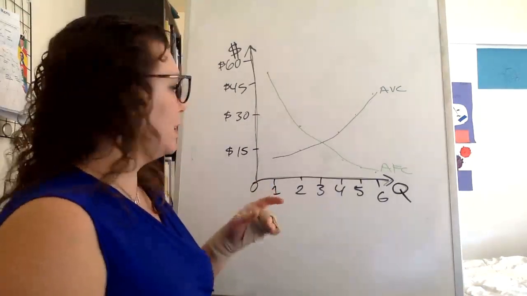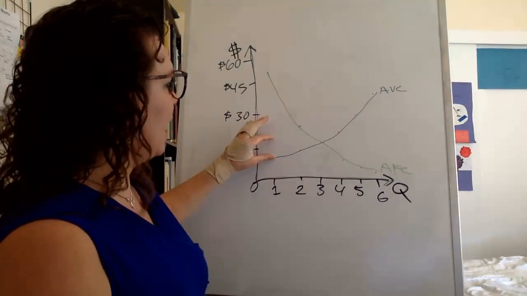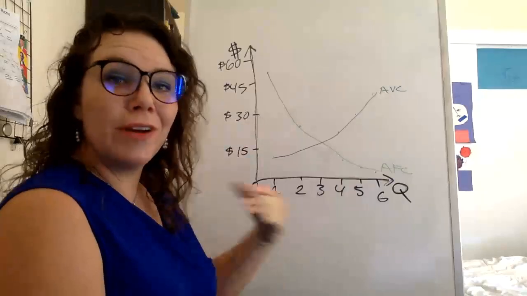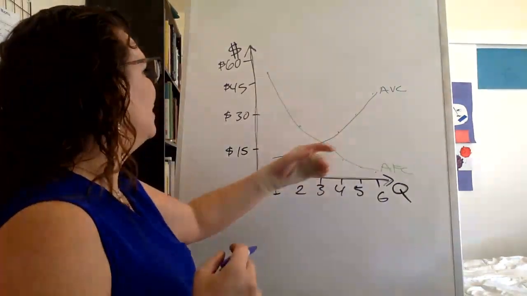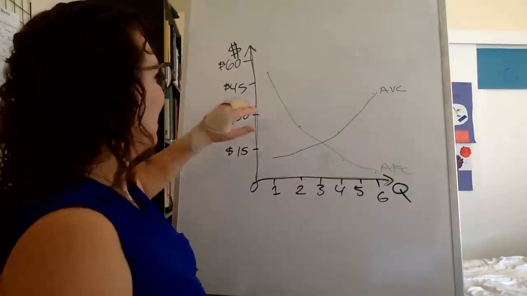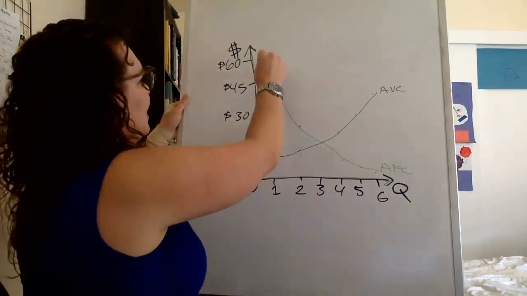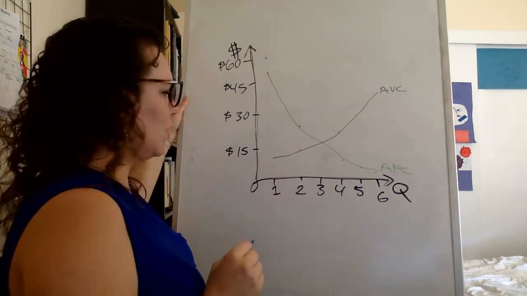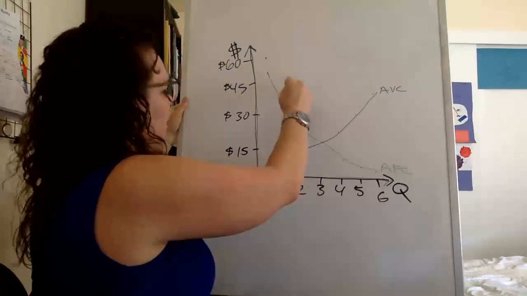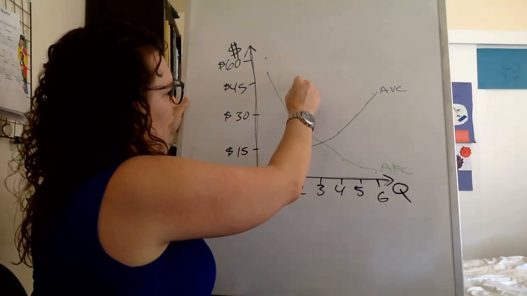Average total cost is going to be $50 higher than average variable cost because remember, variable cost is variable cost and total cost is fixed plus variable. So we're going to start out with average total cost being at $60. And then average total cost drops to $40 at a quantity of 2.